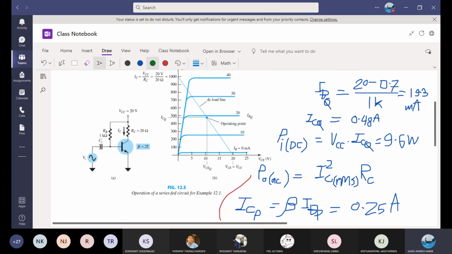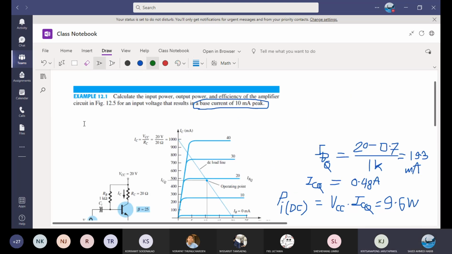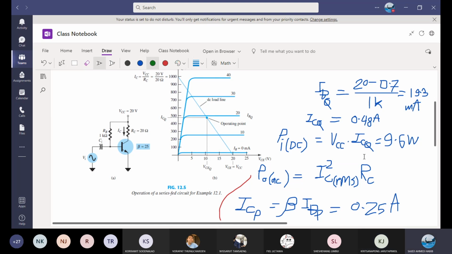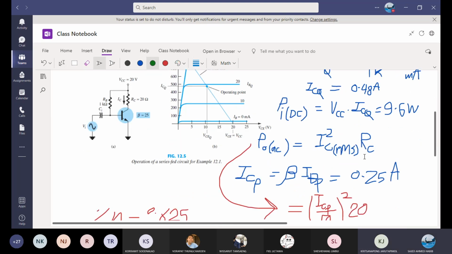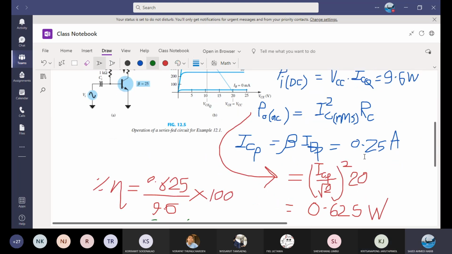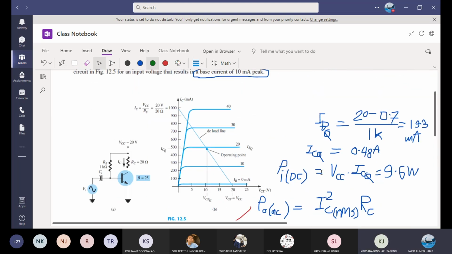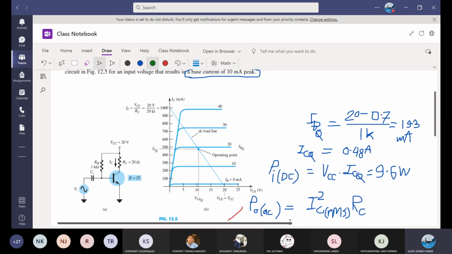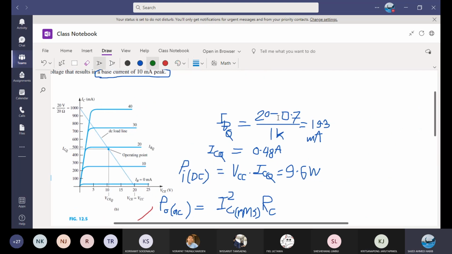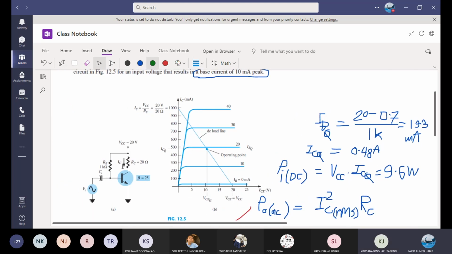I'll quickly bring you back to the lecture slide. Teacher? Yes. The formula that we used to find it, this is the odd one, right? Which one? The formula that we find the I_BQ. Yeah, it is from the input KVL loop, V_CC minus V_BE divided by R_B. It's an older one. This is not a special formula.